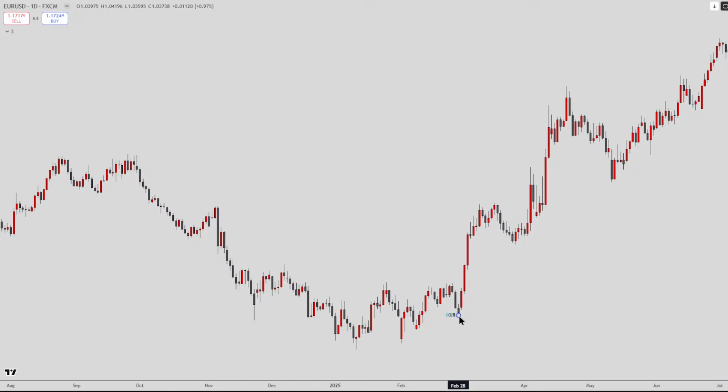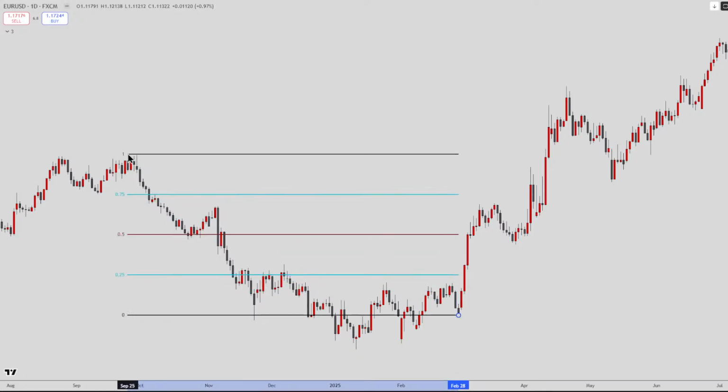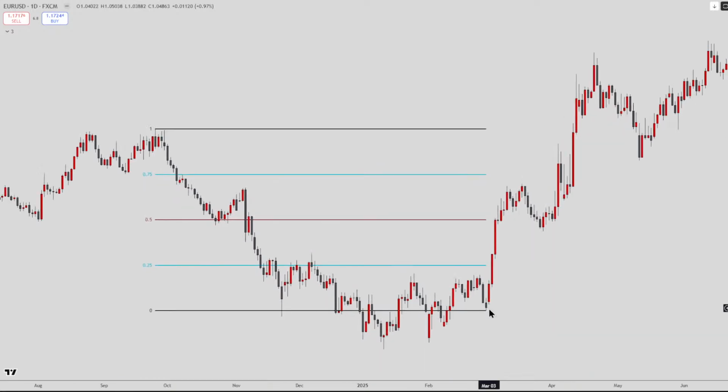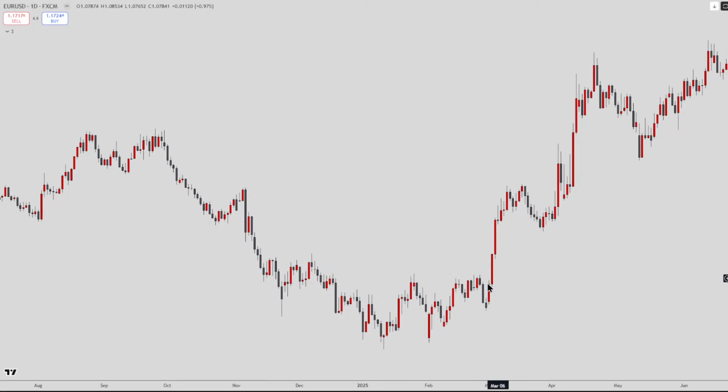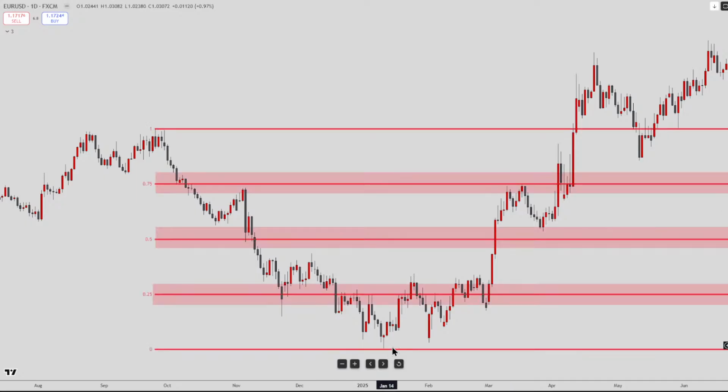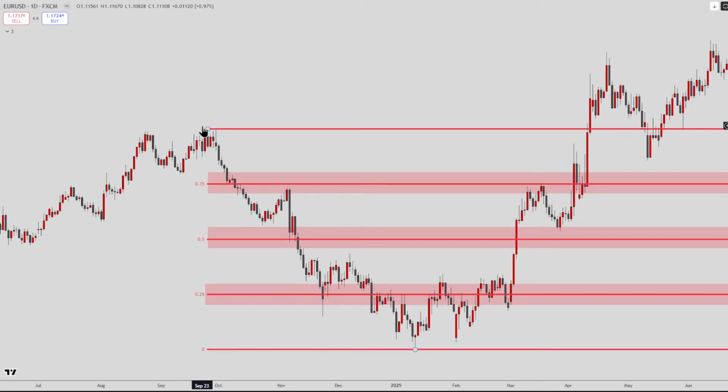That's your point of origin, and then your terminus point is your draw on liquidity. So these relatively equal highs, that is a good terminus point. So you could use this as your implied range. I would use this one because this is a market maker buy model. Distribution lower, redistribution lower, small mirror reversal, distribution higher and higher, and then into that consolidation.